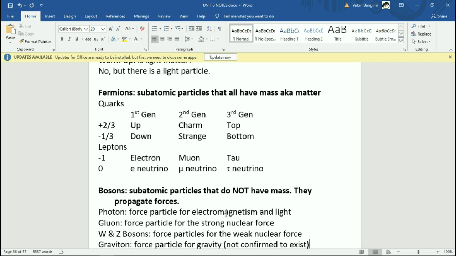But we have not specifically detected the particle by itself. We have detected photons by themselves. We've detected gluons by themselves, W and Z bosons by themselves. We have not detected gravitons by themselves. So there is a potential issue there where maybe they don't actually exist, and then that's a problem. So that is an issue, that we don't have it confirmed to exist.